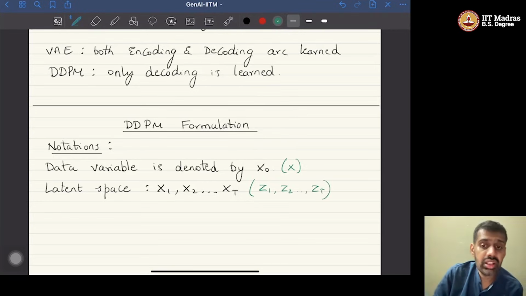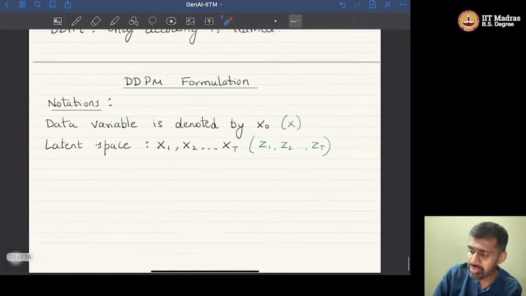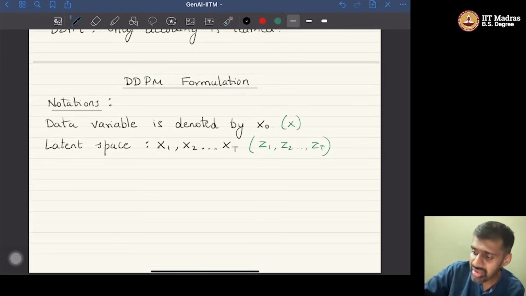But now the literature everywhere, if you look at all the papers and tutorials of DDPM, you see this particular notation. So I will resort to this notation just to be consistent with the existing literature. Now, please note that this x1 to xT is not the same as the data samples that we have.